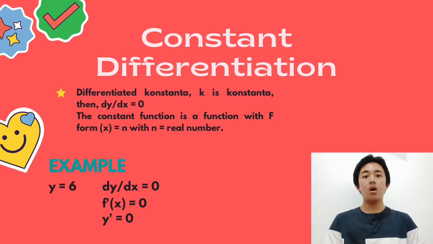For example, y equals 6, and we're searching for dy by dx, and that's 0. dy by dx also has the same meaning as f prime x or y prime, because all of them are derivatives. So if it is a constant number without variables like x, y, z, and so on, it is 0, because it is a constant number. So it is derived to 0.